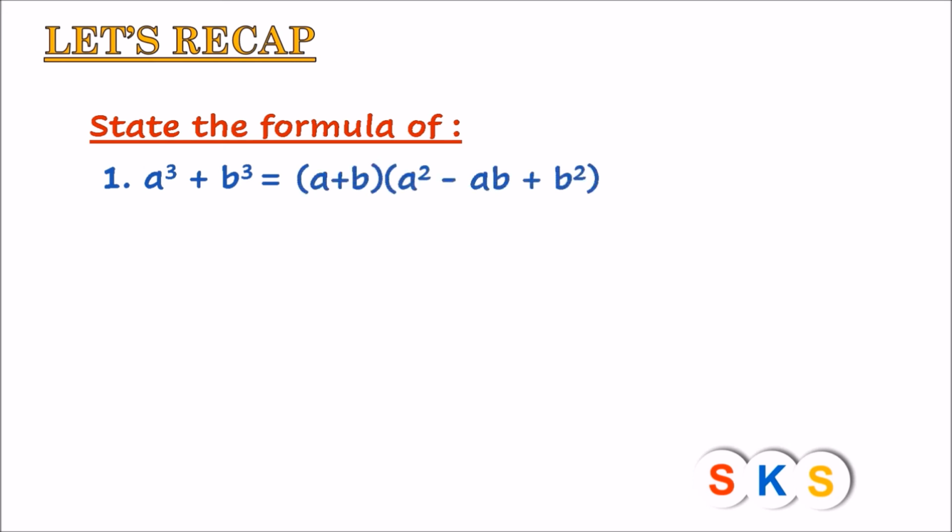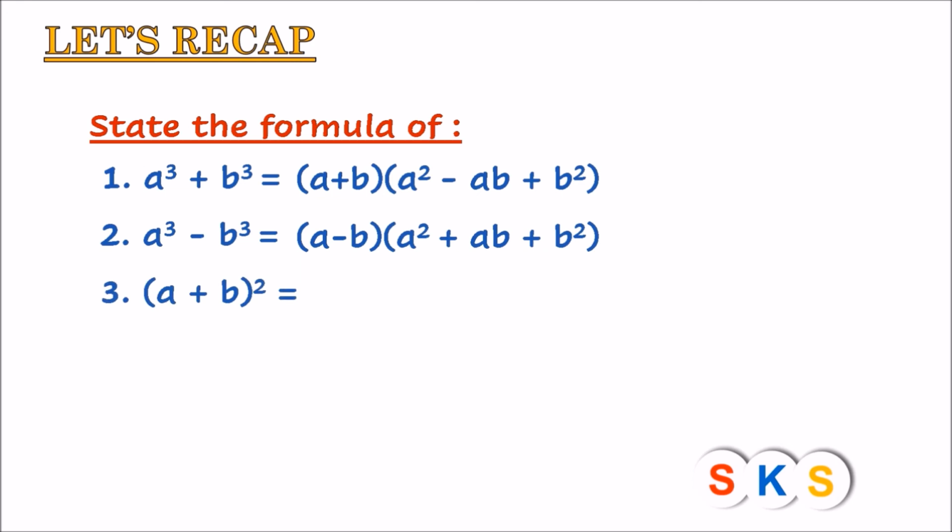Let's recap some formulas. A cube plus b cube equals a plus b into a square minus ab plus b square. A cube minus b cube equals a minus b into a square plus ab plus b square.